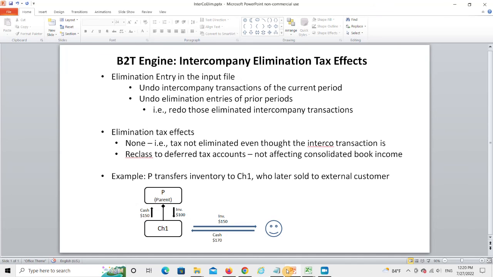The elimination entry is to undo the intercompany transactions, or it is to undo the elimination entries of prior periods when, say, an internally transferred inventory is finally sold to a customer outside the group. As long as the user maps his accounts to the standard accounts, the engine will automatically apply the relevant rates and rules on those elimination entries to calculate their tax effects on the consolidated book of the group.